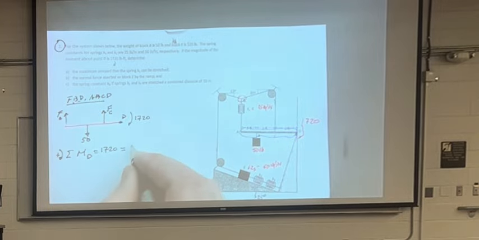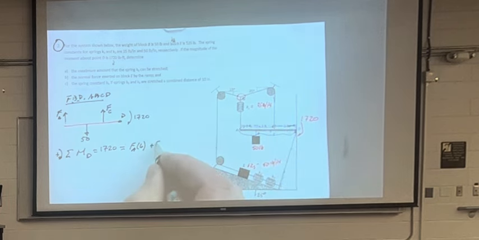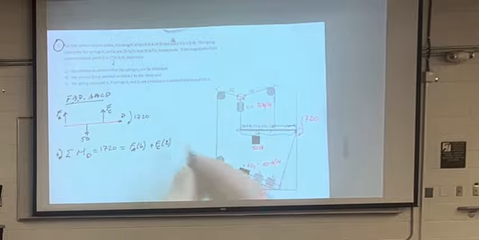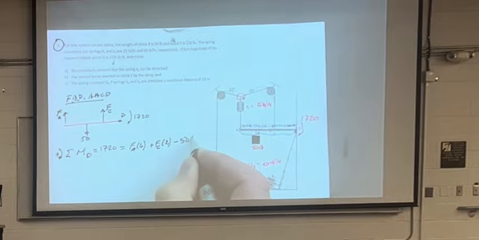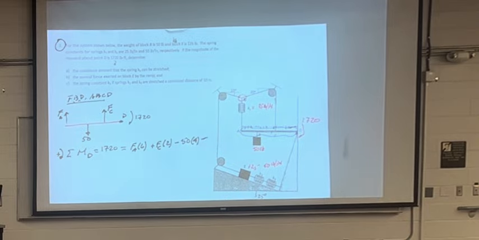That would be FA times 6, FC times 2, minus 50 times 4. And that must equal 1720.